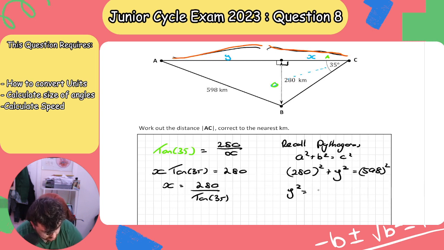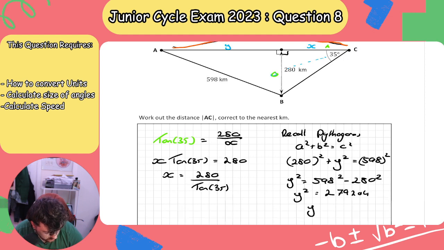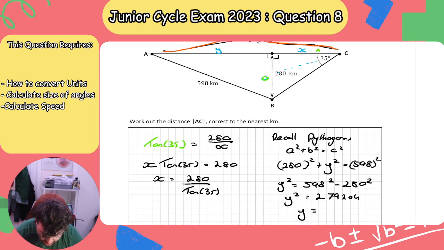So y squared is equal to 598 squared minus 280 squared. Y squared is equal to 279204. Y is going to be equal to the square root of that, which is 528.398 kilometers.